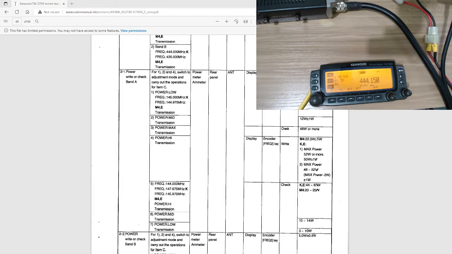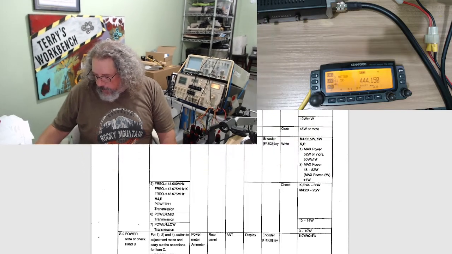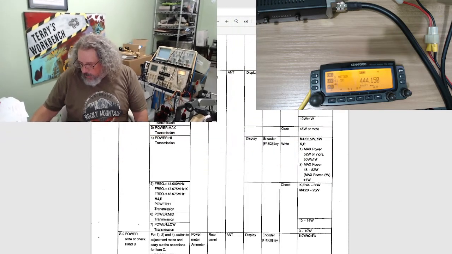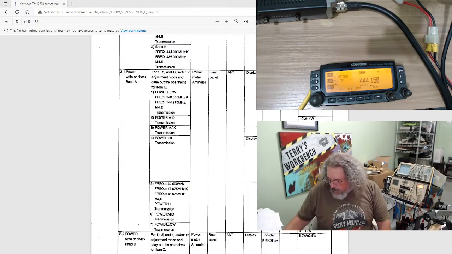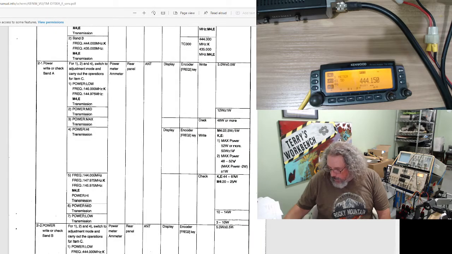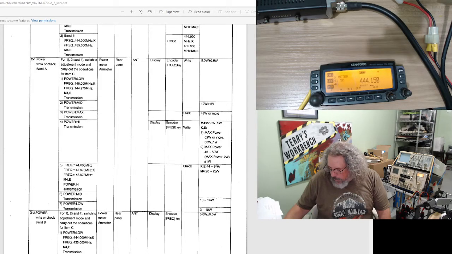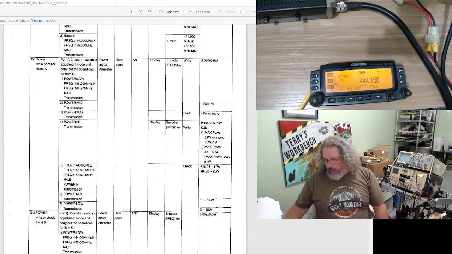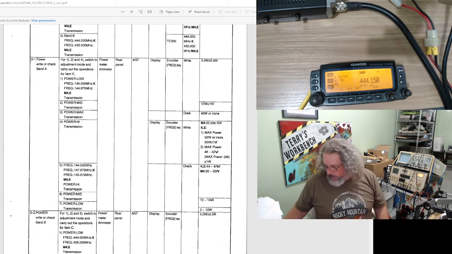Let's just add a picture of me. I don't know how well that's going to work out. I don't know if you guys can see that or not, but hey, that's what we're going to do.